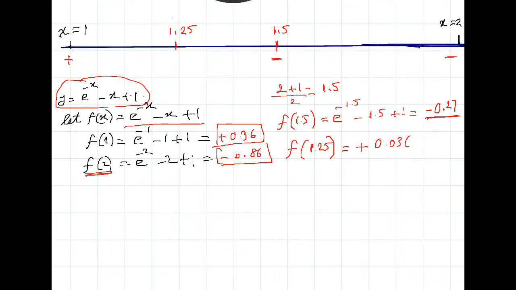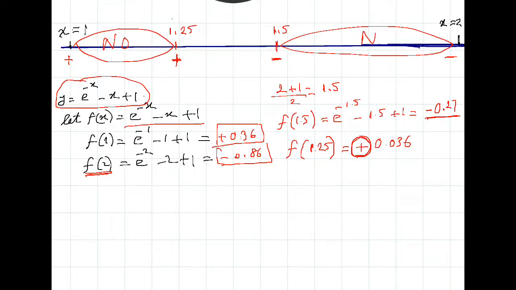Doesn't matter about the value, it's the sign we are looking for: positive. So it's positive here, so really the root is not here. There's no root in this area here. So the root lies somewhere between x equal to 1.25 and x equal to 1.5.